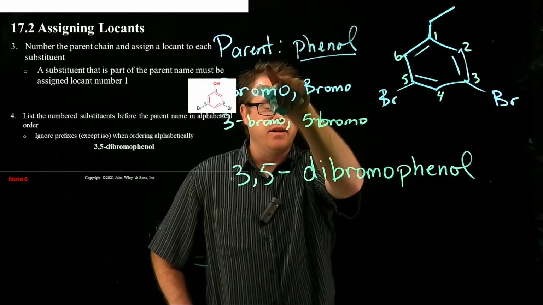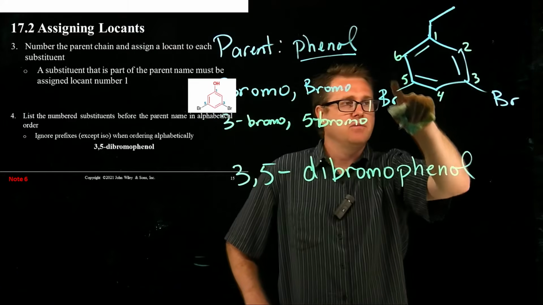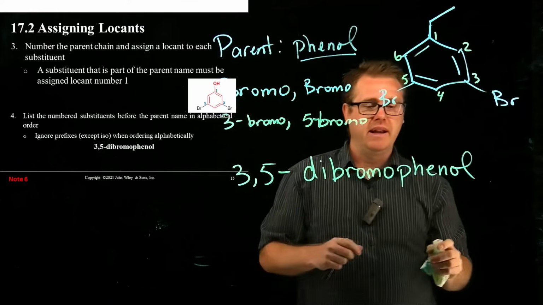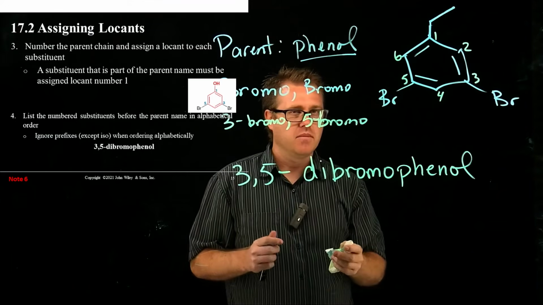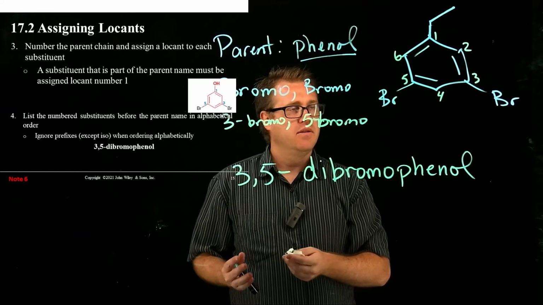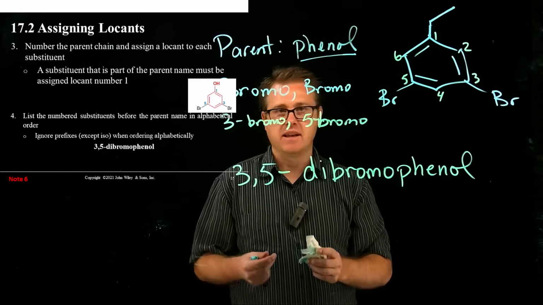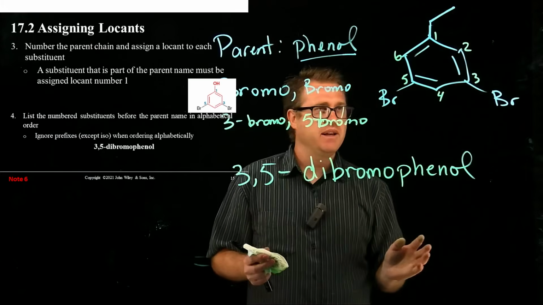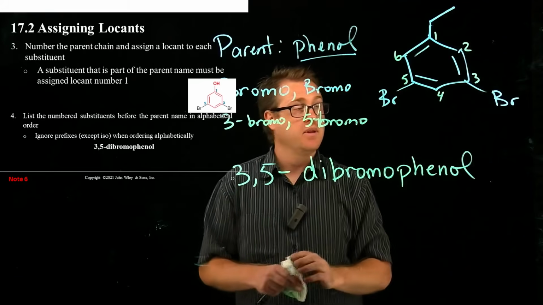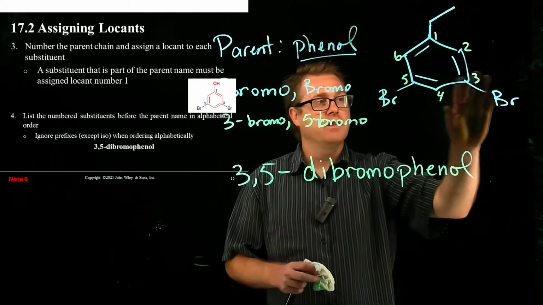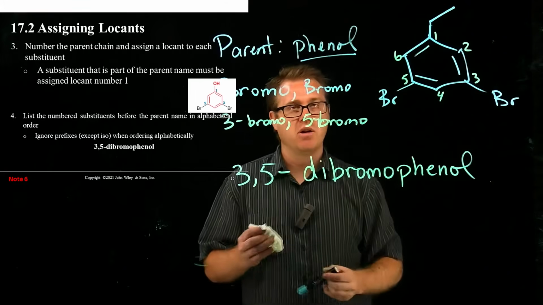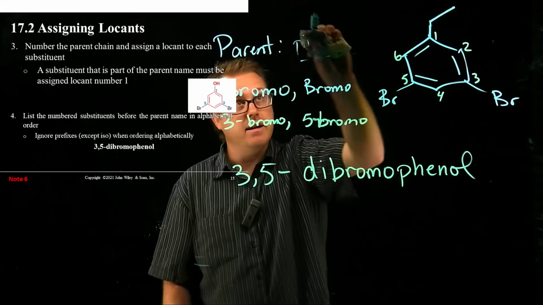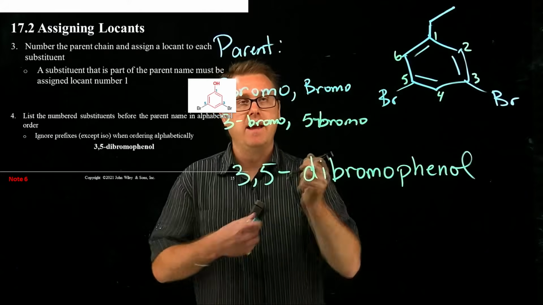We need to name the parent. Does one bromine give us a common name? Go back to that list of the 8 common names, and you'll see that there's not. What if we have an ethyl group? Is there a common name for an ethyl? There's not. So there are no substituents that give this molecule a common name. That means the parent name is going to be benzene.